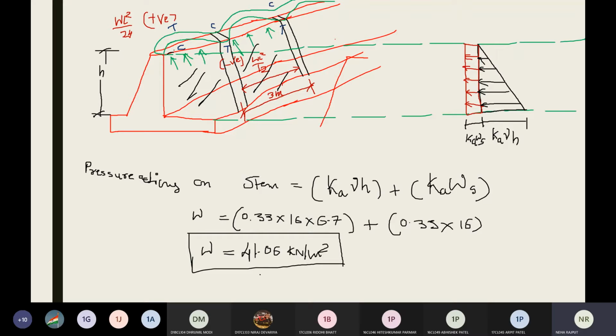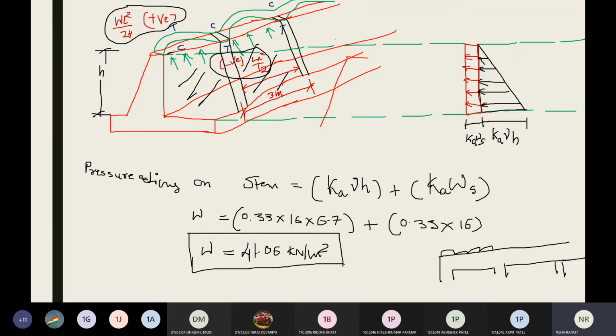Now once you have this load value, you need to find the positive moment and the negative moment. Positive moment at mid span, negative moment at support. If this is your stem part and these are the counterfort members, then this is facing some load.